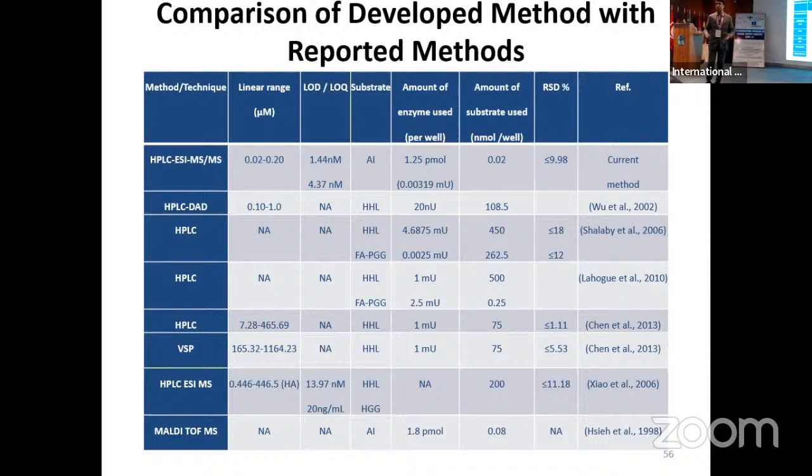I'm talking about the spectrophotometric method. The method that we have developed was outstanding in terms of sensitivity, in terms of the amount of enzyme and substrate used. That is why people are moving toward mass spec, even for screening or handling the complexity of natural products associated with enzyme screening.